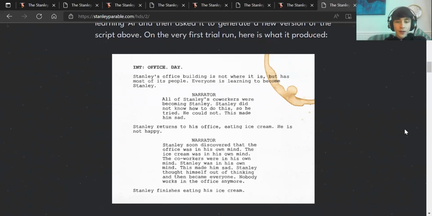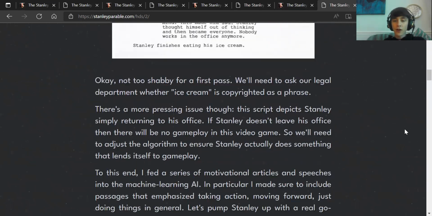He is not happy. Stanley soon discovered that the office was in his own mind. The ice cream was in his own mind. The co-workers were in his own mind. Stanley was in his own mind. This made him sad. Stanley thought himself out of thinking and then became everyone. Nobody works in the office anymore. Stanley finishes eating his ice cream. Delightful. That would be an excellent video game.